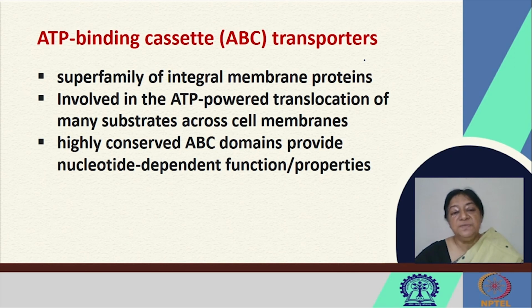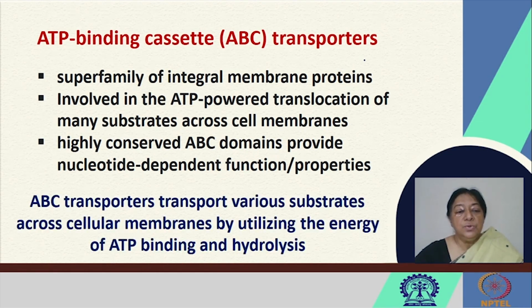There are specific ABC domains that provide nucleotide dependent function and properties, where the binding of the ATP will result in a conformational change that is going to facilitate the transfer of the specific substrate, specific ion across the membrane. So the ABC transporters transport various substrates across the cellular membranes, and how do they do it? That is by the hydrolysis of ATP once ATP is bound to the conserved ABC domain.